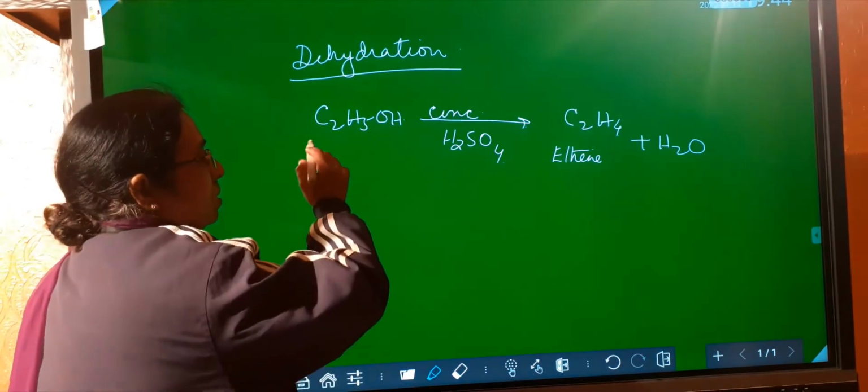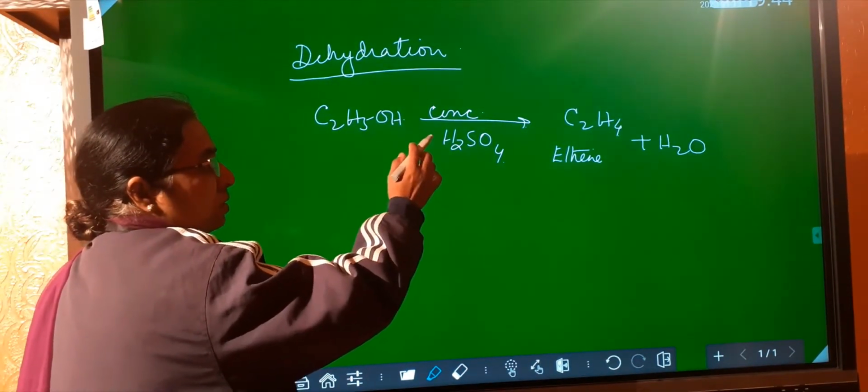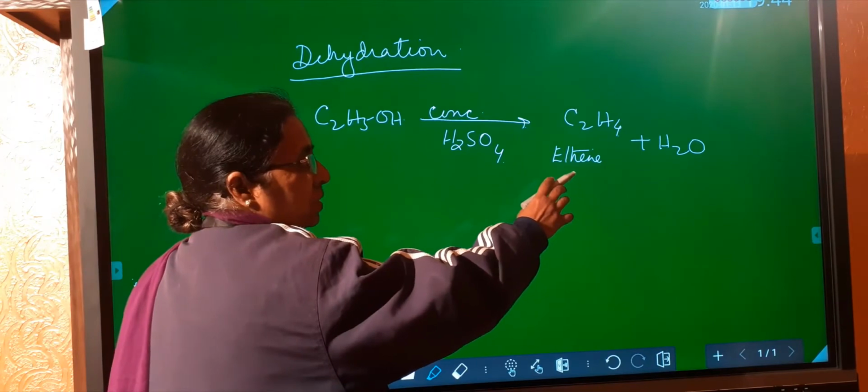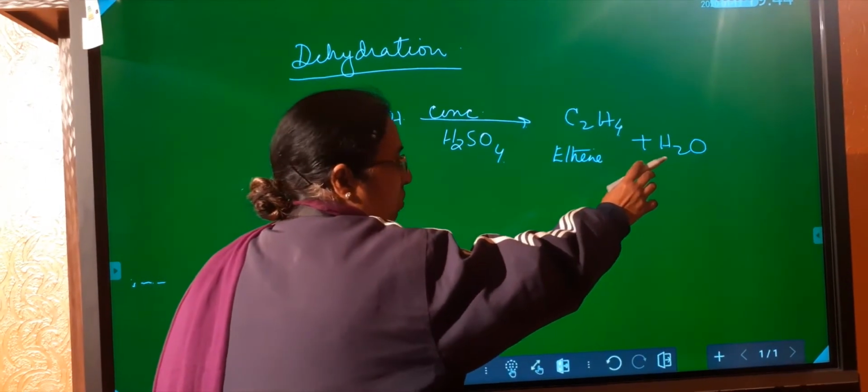Alright, so C2H5OH कंसेंट्रेटेड H2SO4 के साथ जब ट्रीट करेंगे तो this will form ethene plus H2O.